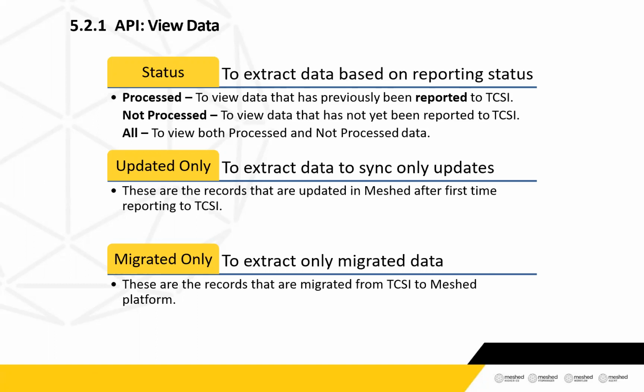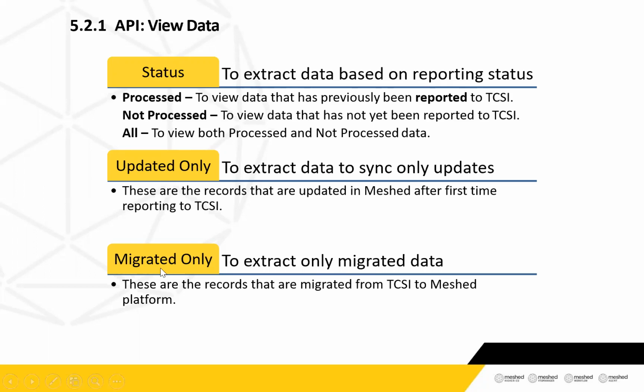For example, let's say you have reported a student subject enrollment. Okay. After reporting, the student has paid his full fee. So you updated the fee amount at the subject enrollment level. So now there is an update, and you'll have to sync that update to TCSI again. That's how you can bring all the updated records where updates are not yet synced.